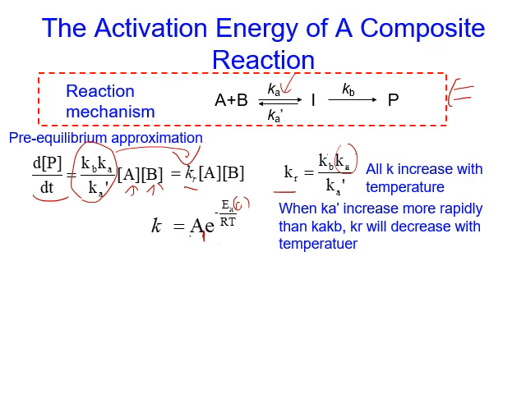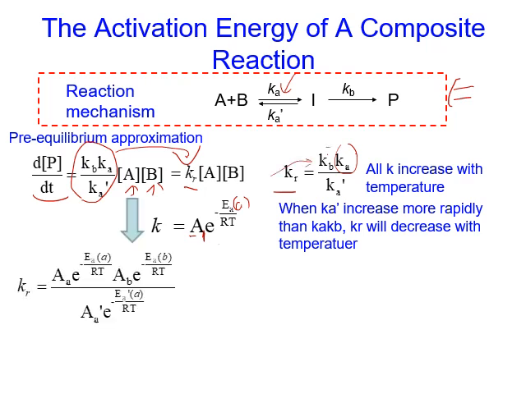For Kb, you also have its activation energy and a pre-exponential constant. So if we plug all this into this equation, that's the total rate constant, and this is for A, and this is for B. Note that you have activation energy for A, activation energy for B, and activation energy for the reverse reaction.